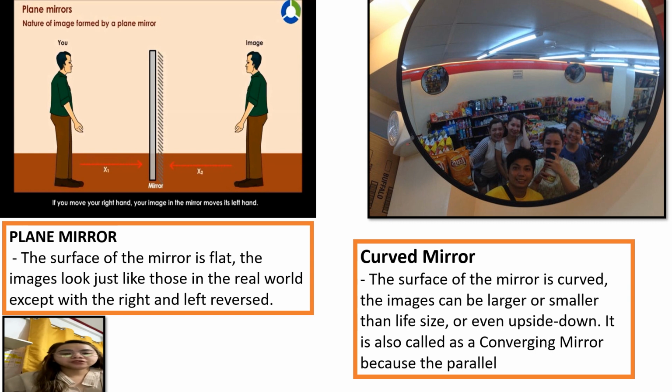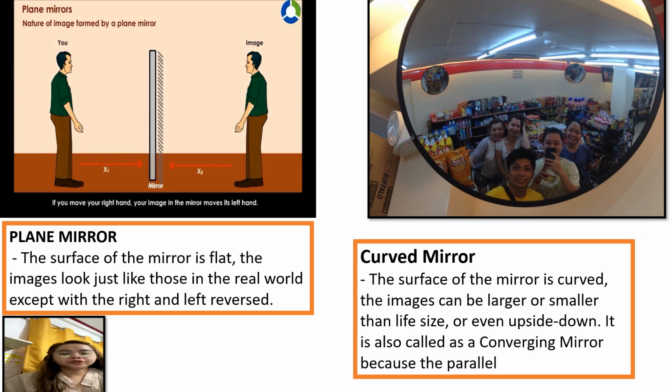While the curved mirror is usually used inside stores, for example 7-Eleven, SM malls, Robinson malls, or even on the highway, for the purpose of CCTV, to magnify the images far away from the curved mirror.